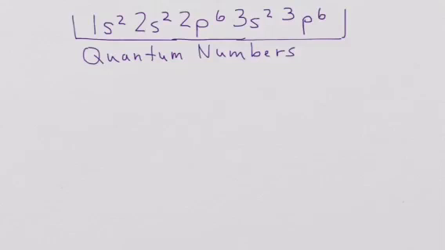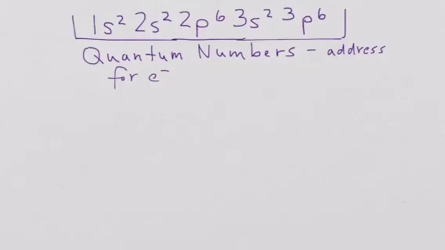I'm not even going to give you the official name of the quantum numbers. I'm just going to describe what they do, because you already know what they do, because we've already talked about it. So the quantum numbers are pretty much just a way to give you an address for an electron.